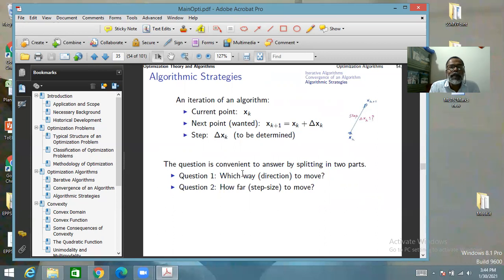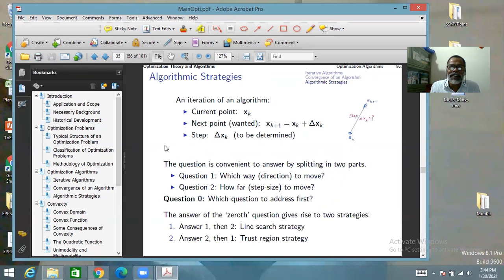However, there is a hidden question behind them. That is question 0. Which of these questions should we address first? Should we decide the direction first, or the step size first? Depending upon in which order you answer these two questions, you get two algorithmic strategies.